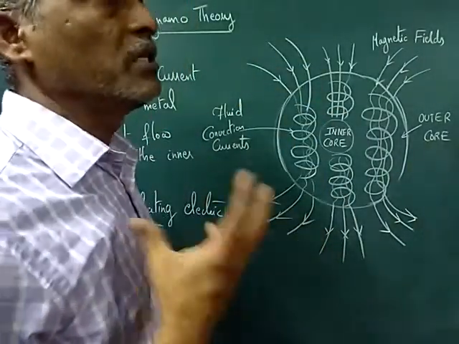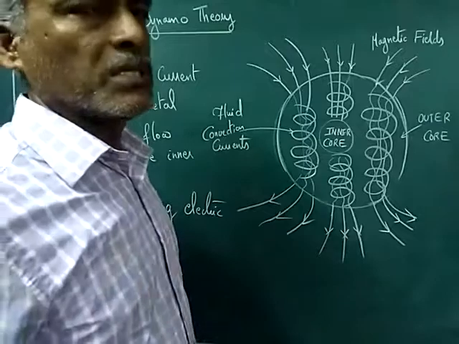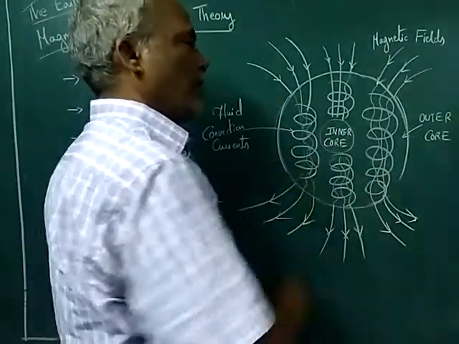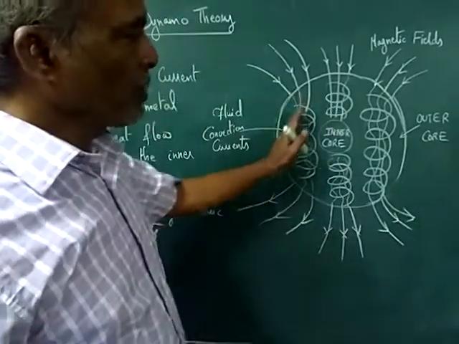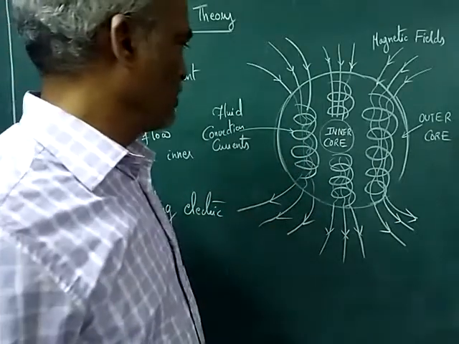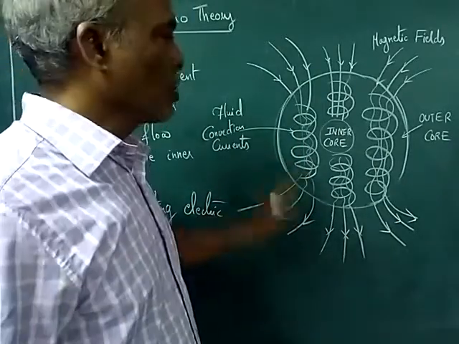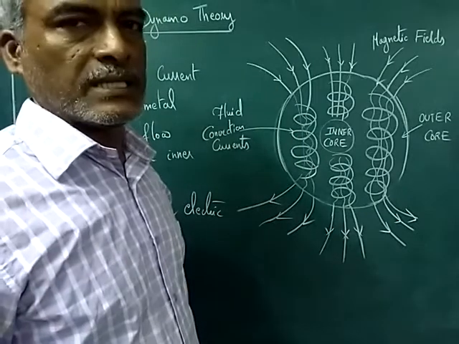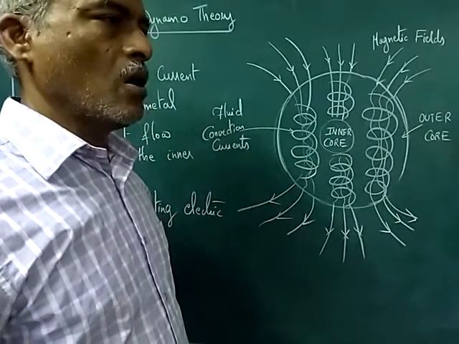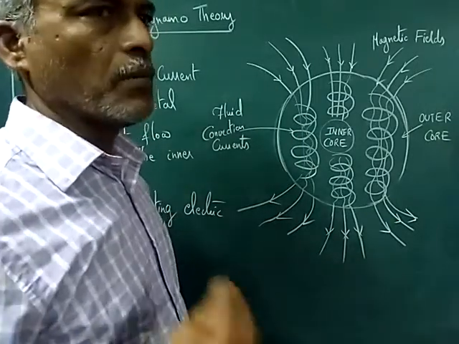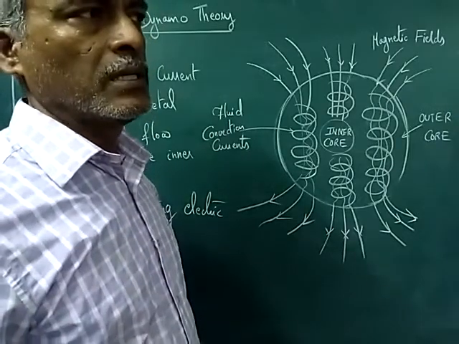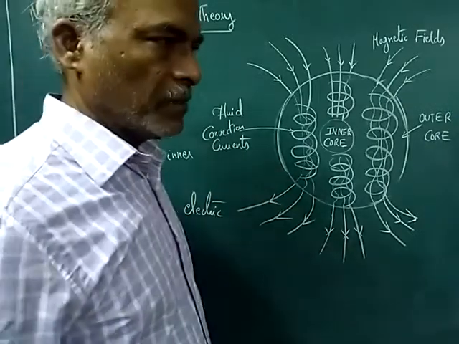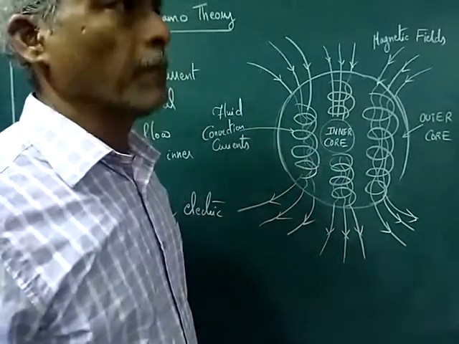The inner core is assumed to have enormous heat, and that will have an impact on these fluids, which causes the convection currents. It is not conduction or radiation. It is the molecules that have a variation in properties because of this heat transfer.